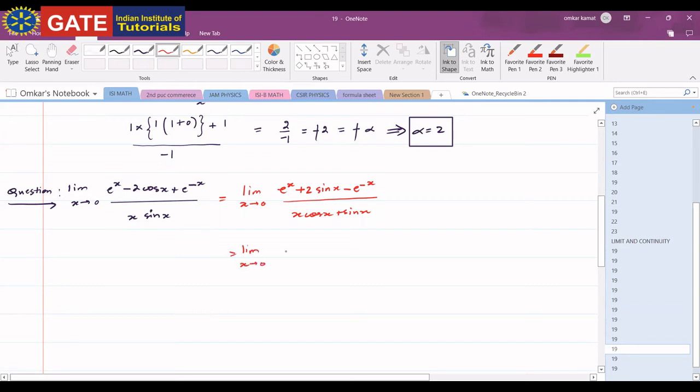Limit as x tends to 0, e to the power x plus 2 cos x plus e to the power of minus x, divided by x into minus sin x plus cos x plus cos x. Correct? So now as x tends to 0, this will be 1 plus 2 plus 1 divided by, first term will be 0, this will be 1 plus 1. 4 divided by 2, answer is 2. Understood?